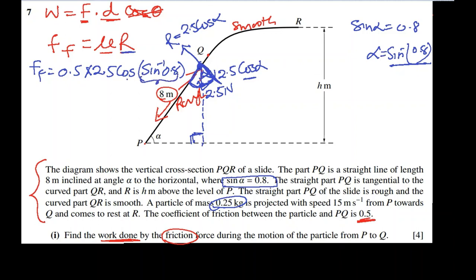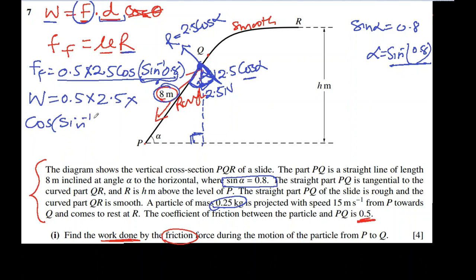However, our question was about the work done by friction. So we just found the frictional force, which is this whole thing, and we'll multiply it by the distance, which is 8 meters, and we'll get the work done by the friction. So work done will be 0.5 multiplied by 2.5 multiplied by cos sine inverse 0.8, multiplied by the distance 8.